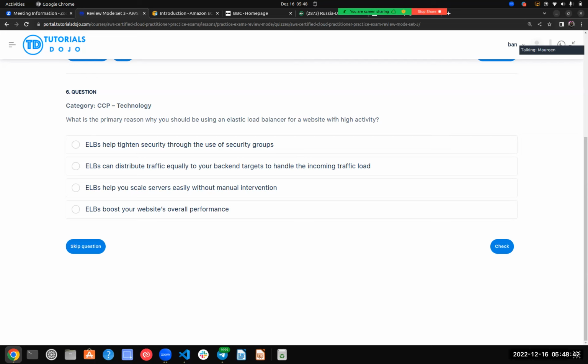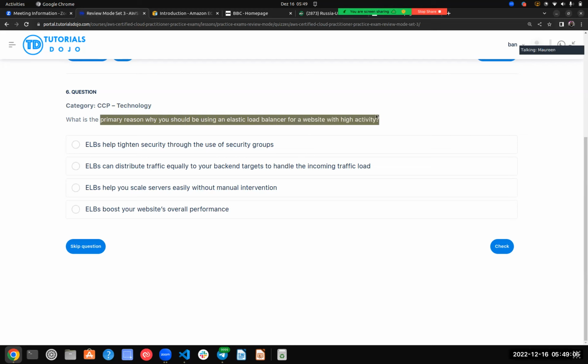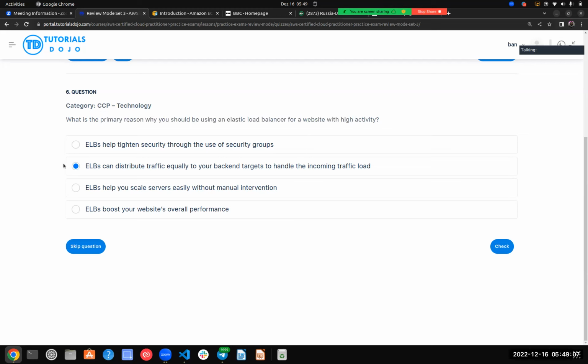I think what I can say is it's B, but I'm not really sure whether it's B or C, because I think it also scales servers easily without manual intervention. Now, when they talk of primary, B, let me just take B. Could be anything.